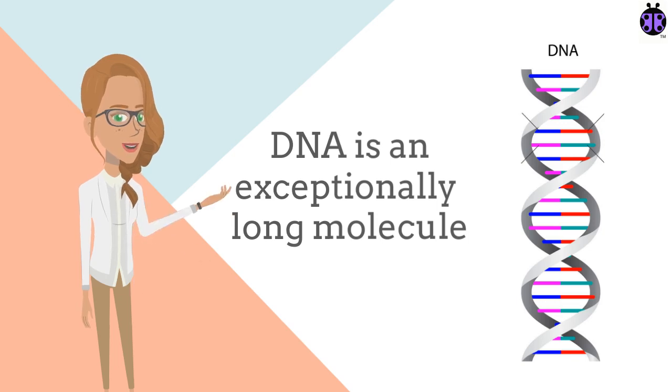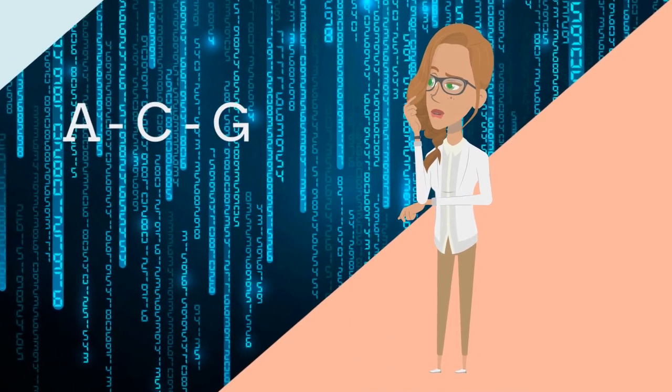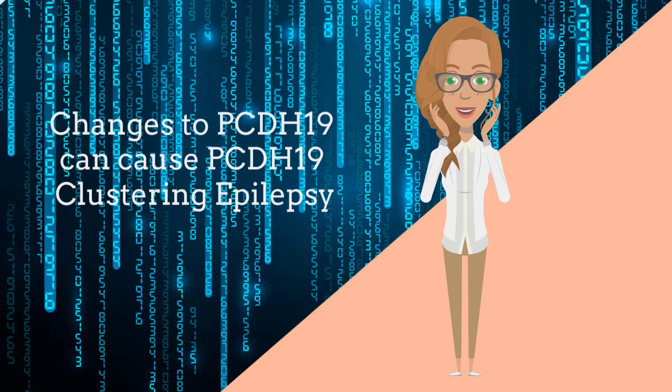The rungs of the ladder are made up of pairs of letters, A, T, and G, C. The order of the A, C, Gs, and Ts in the DNA is the code that tells the cell and organism how to develop.